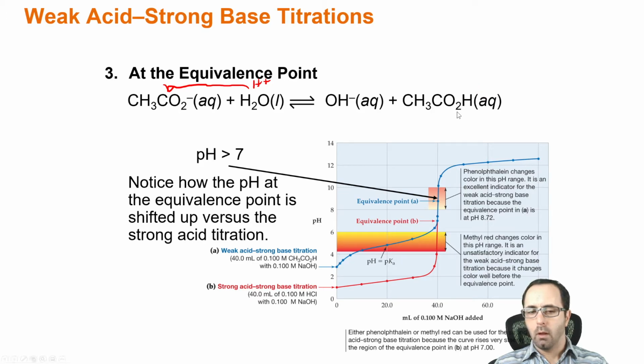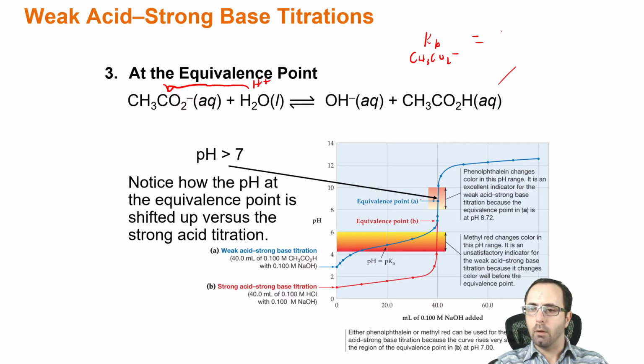And so our equilibrium is going to be the equilibrium of the conjugate base, which means that if you want to calculate the pH, you're going to need the Kb for the acetate ion. So remember here in this case, the Kb for the acetate ion, you can't look this up in a table.